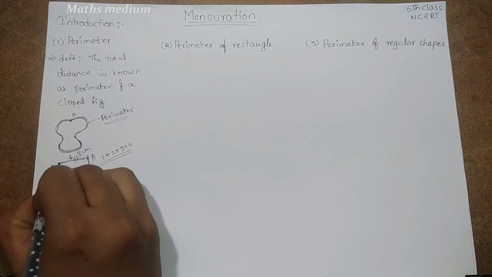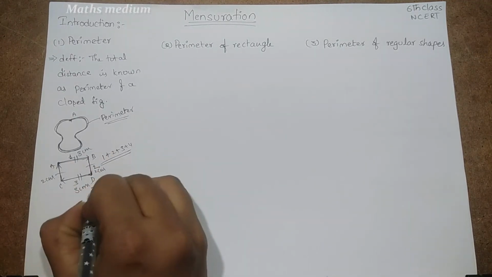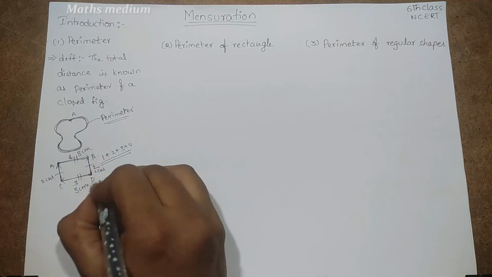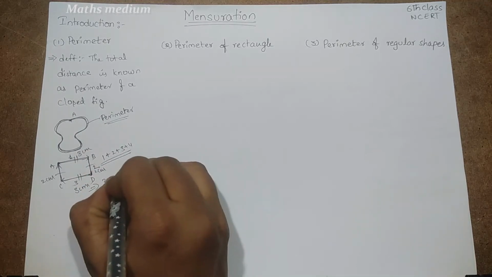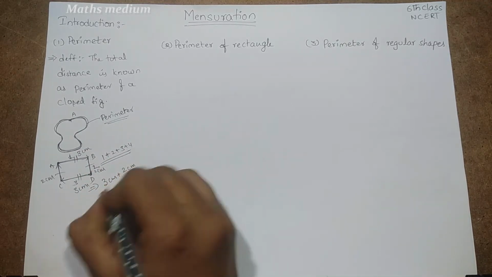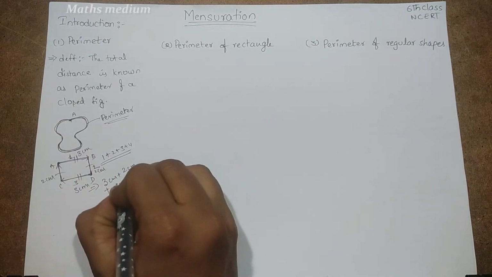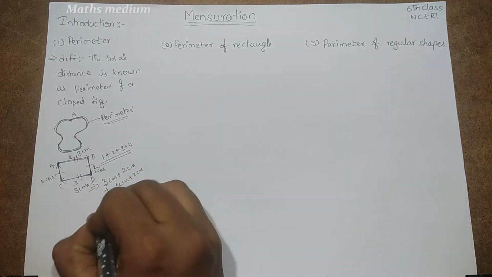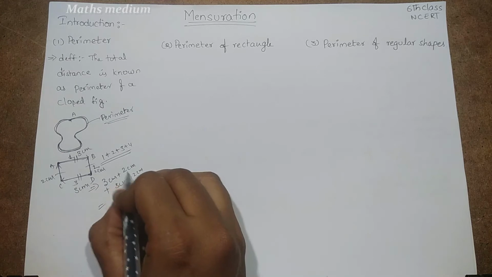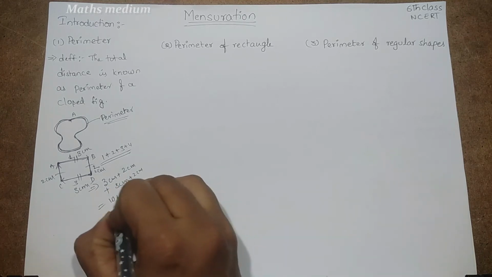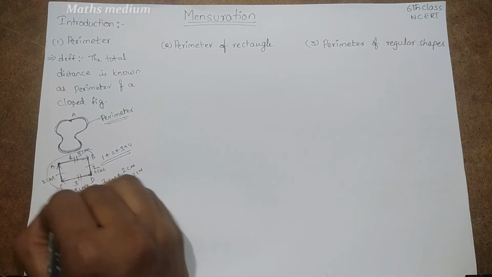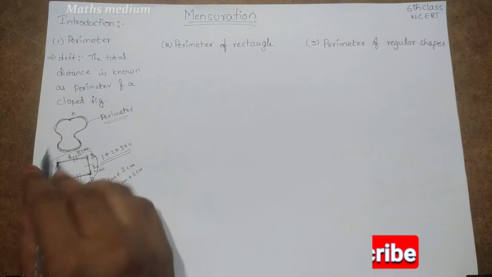These two are 2 centimeters. So 3 centimeters plus 2 centimeters plus 3 centimeters plus 2 centimeters. Two 3s are 6 and two 2s are 4. 10 centimeters is the total perimeter of this rectangle. So this is the perimeter.